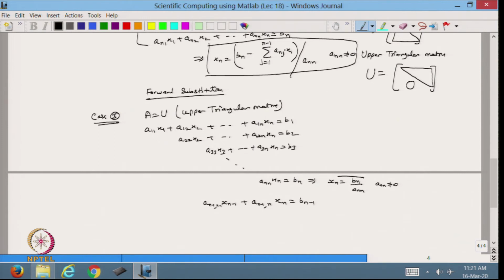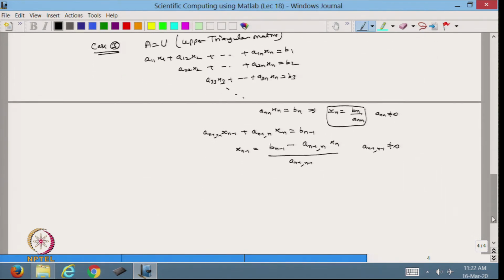So, what I will do? I will substitute the value of xn here, and from here I can find the value of x(n-1). So, x(n-1) will be b(n-1) minus a(n-1)n xn, and then divided by a(n-1)(n-1), provided a(n-1)(n-1) is not equal to 0.